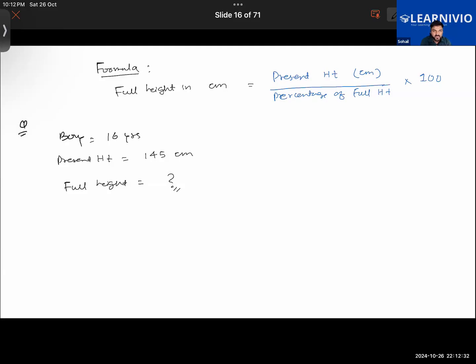As per the chart, you look at the present percentage of the full height. Ibrahim, the chart is still loading in chat.